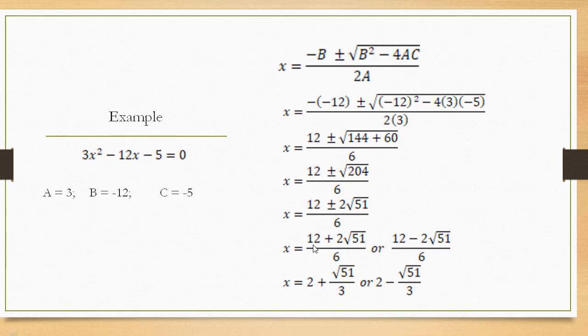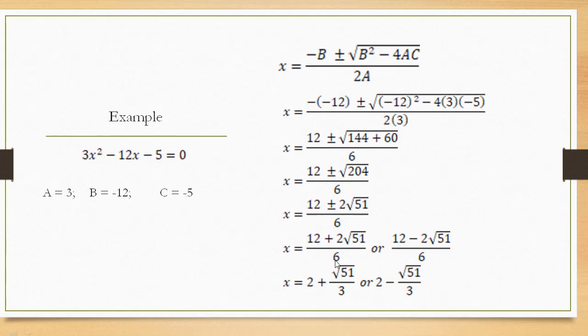So atong ibungkag ang positive and negative sign. So 12 plus 2 square root of 51 all over 6 or 12 minus 2 square root of 51 all over 6. So atong i-simplify ang kaning atong roots because pwede pa man nato siya ma-simplify.